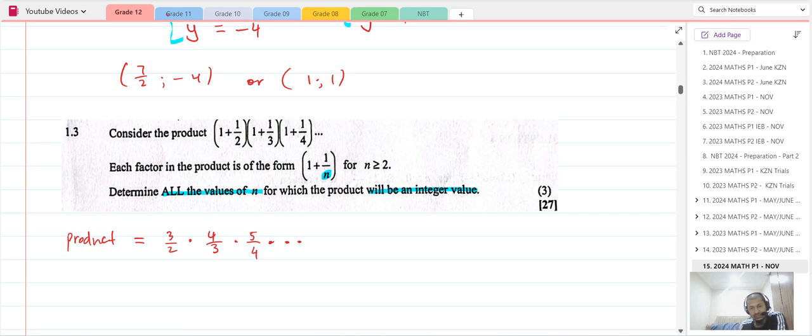What will this give me? N plus 1 over n. So the term before this will be n, and it will be 1 less than this. This will be n minus 1, n, n plus 1.